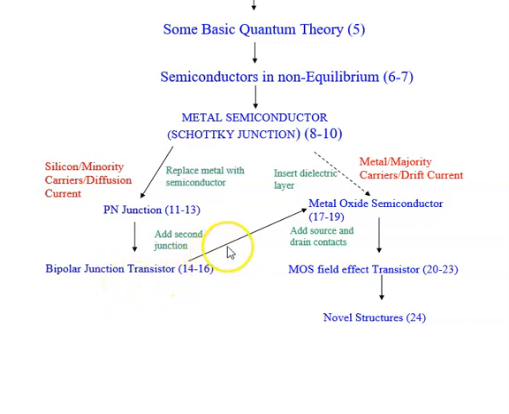And then we make this big leap to the right side of the device structure tree, where we take the metal semiconductor and we stick in a layer of glass, of oxide, silicon dioxide. So the metal oxide semiconductor, also called the MOS cap, is basically just the metal semiconductor with an oxide in the middle.